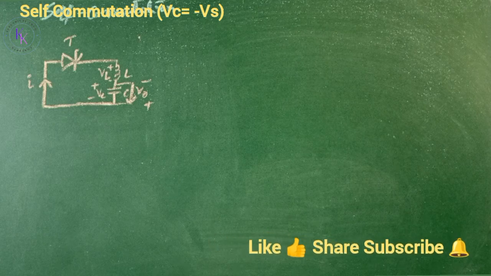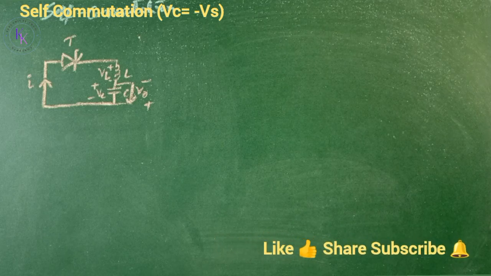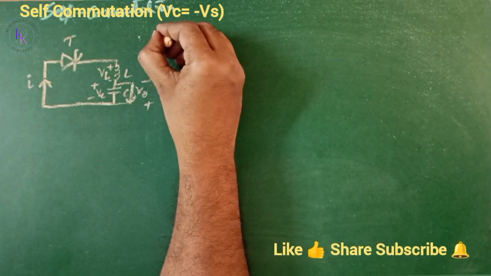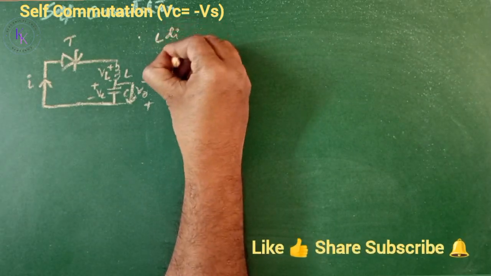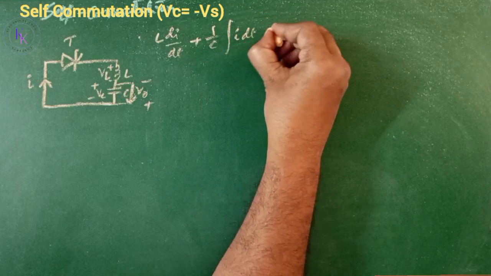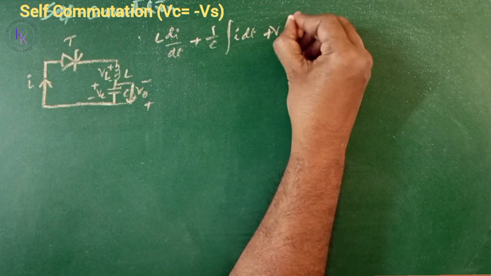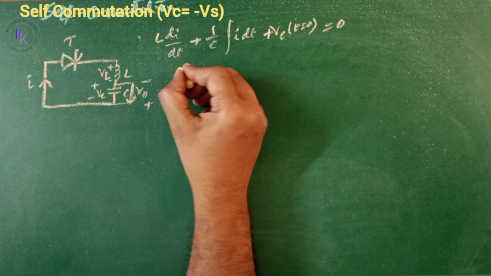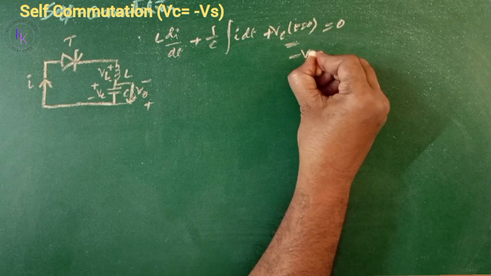Now, considering the capacitor has an initial voltage of minus V0 and the thyristor T1 is triggered, Vs is absent, so L di by dt plus 1 by C integral I dt plus Vc at t equals 0 equals 0, and the initial condition is Vc equals minus V0.